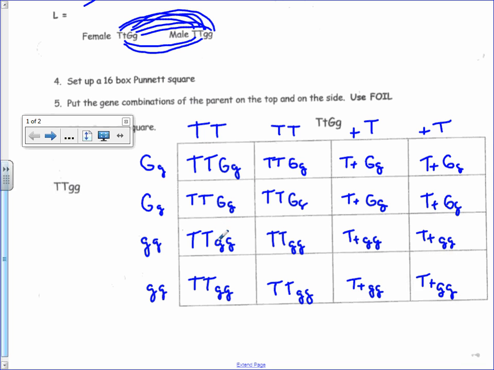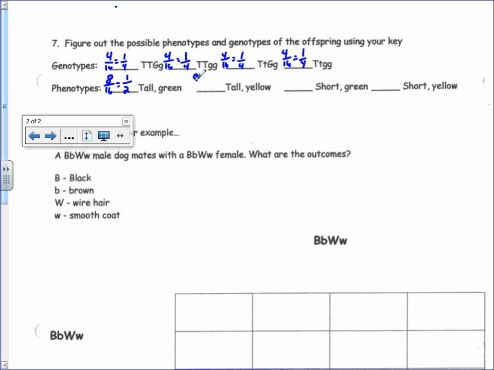So here we have 1, 2, 3, 4, 5, 6, 7, 8. So that's going to be 8 out of 16 again, which is 1/2. So we have a 1/2 chance that the offspring is going to be both tall and green, and a 1/2 chance that the offspring is going to be both tall and yellow.